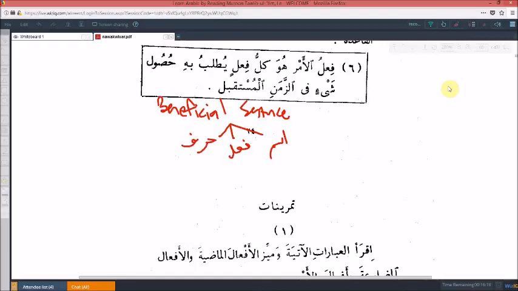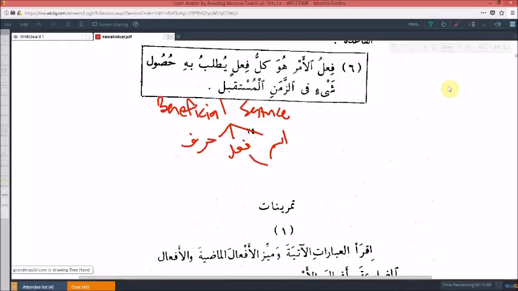It names something. A fi'l is something which has to do with achieving an action in a specific period of time. And a harf is something which we understand its meaning when it comes together inside of other words. Then we said that the fi'l is 3 types.